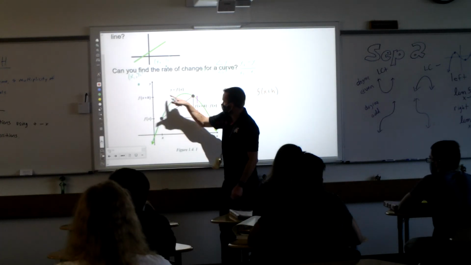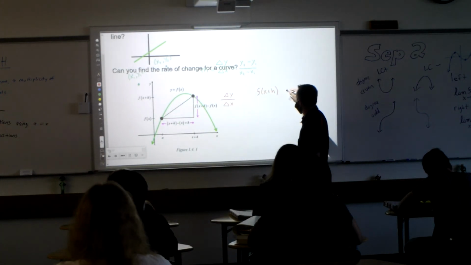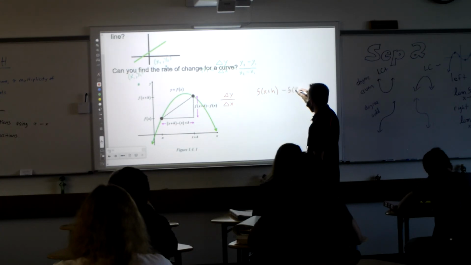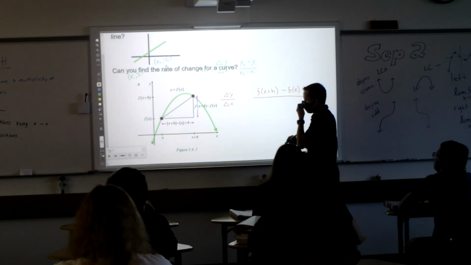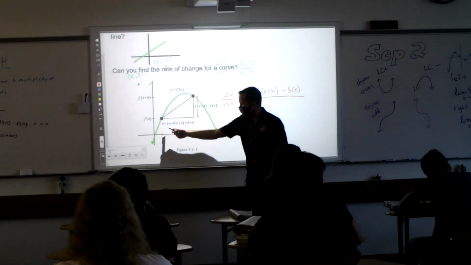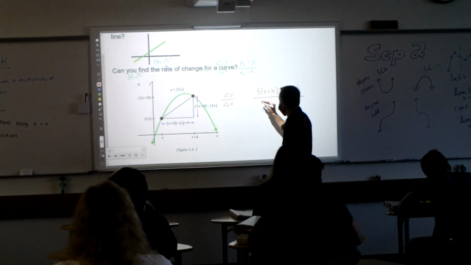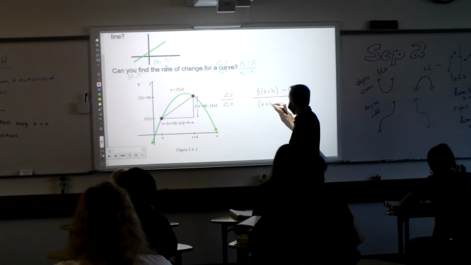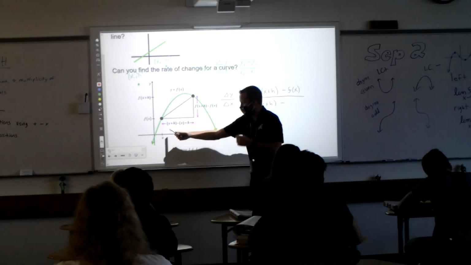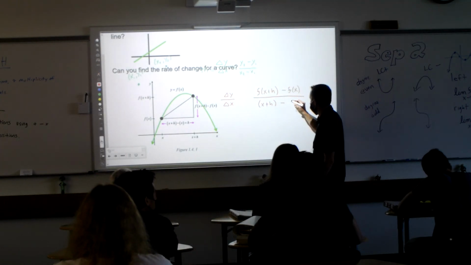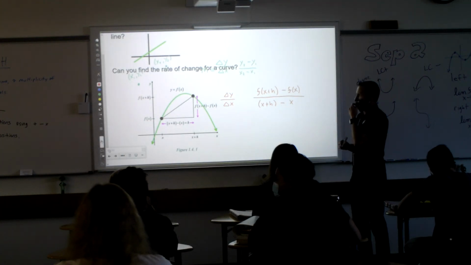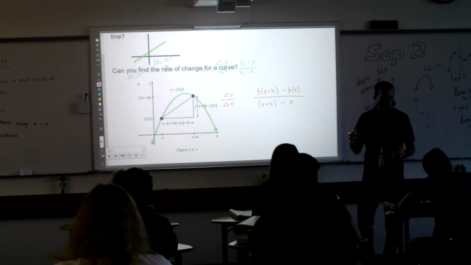That's this height. Then I subtract the other height, minus f of x. And then we divide by the change in your x values. Here's my first one, I have x plus h, and then we subtract the first point, which was x. This is your formula for rate of change for a curve.